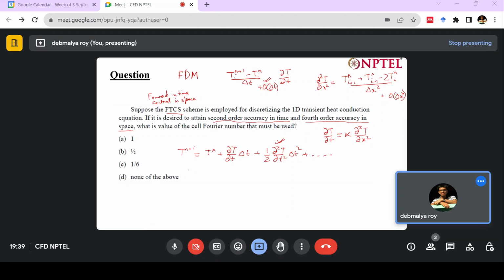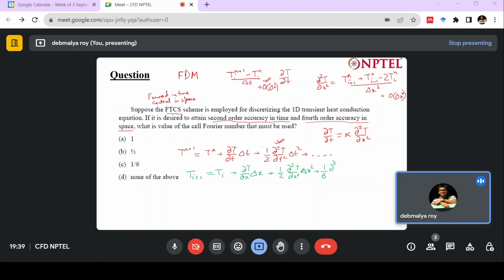What we would get? So here we have to do it for two terms. So T i plus 1 is T i plus del T by del x delta x. So this will cancel out, plus half del square T by del x square delta x square. This we are evaluating, and this also we expect to cancel out.